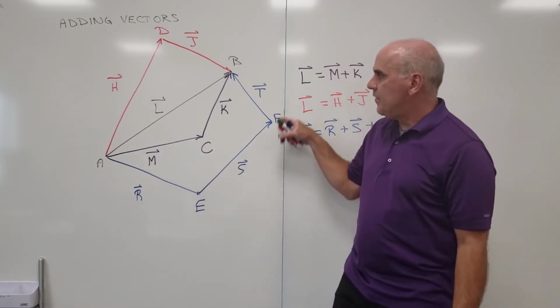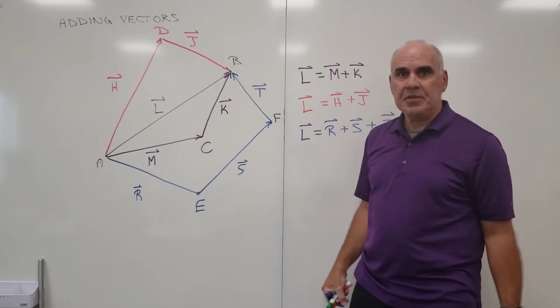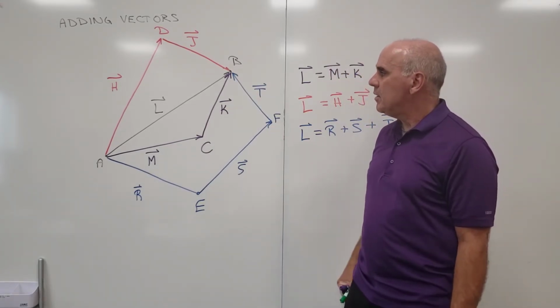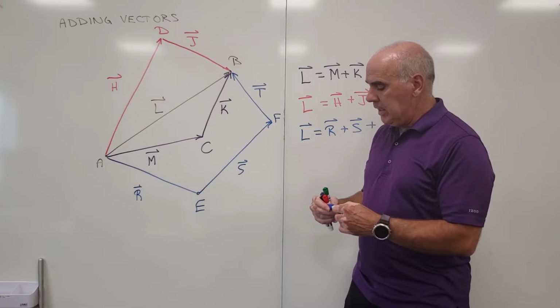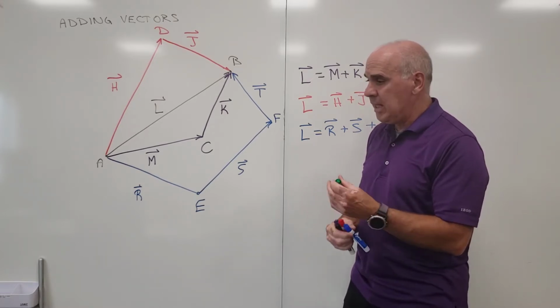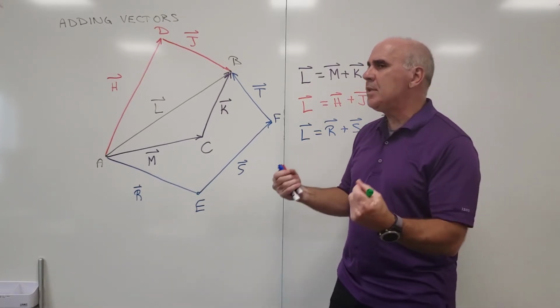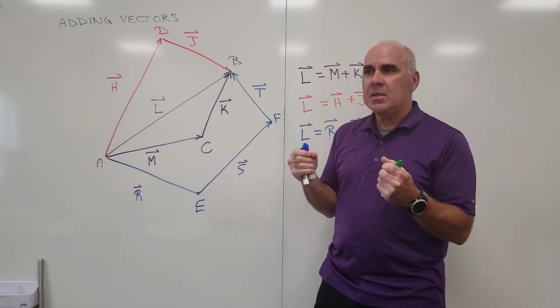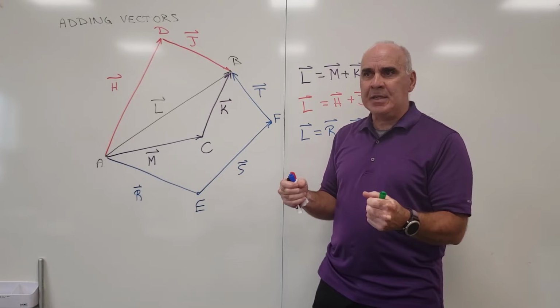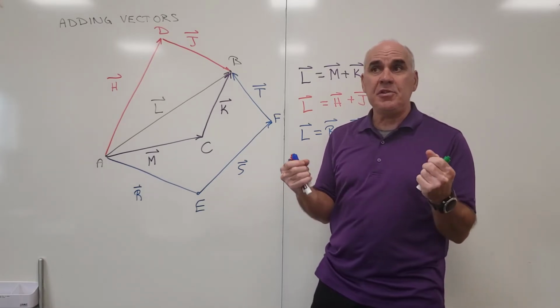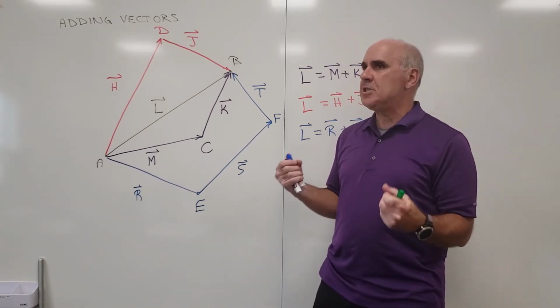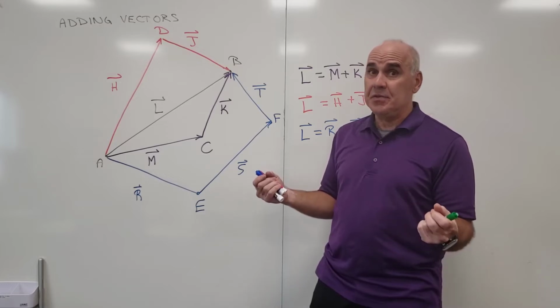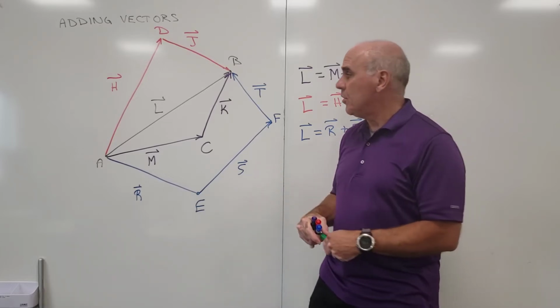So I can add those vectors together and I end up at the same spot no matter how I do it. Now one thing though that's of interest is sometimes when I add the vectors together, and I'm going to specify two vectors, I would like those two vectors added together to point in some special direction. And that special direction or directions might be horizontal and vertical.